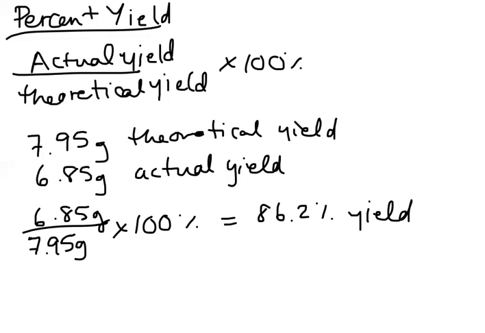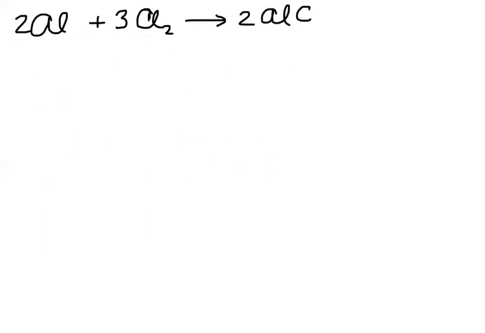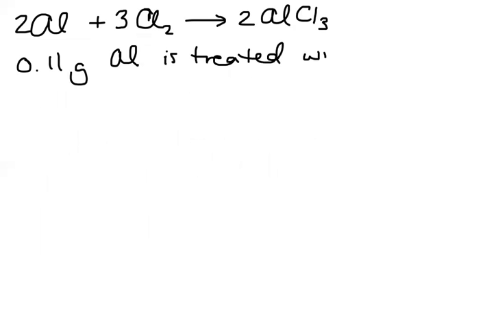So, a question that I would ask on the exam, using this reaction again. I did some of this reaction on Wednesday, whatever day it was. 0.11 grams of aluminum is treated, which just means reacted with, 0.11 grams of Cl2.